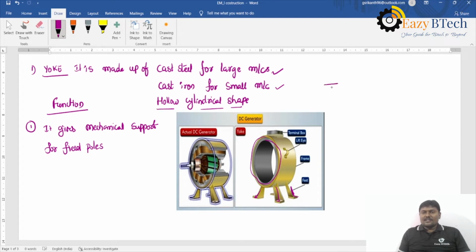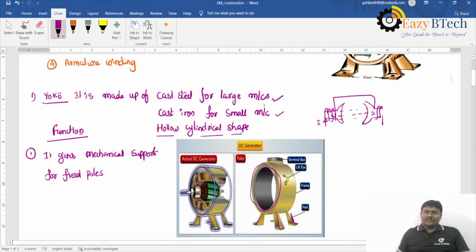In the previous session, we discussed the North Pole and South Pole. Here we have a field winding, and when this field winding is excited with DC, it produces a magnetic field.